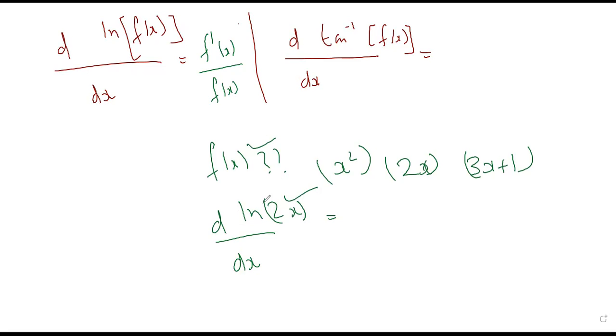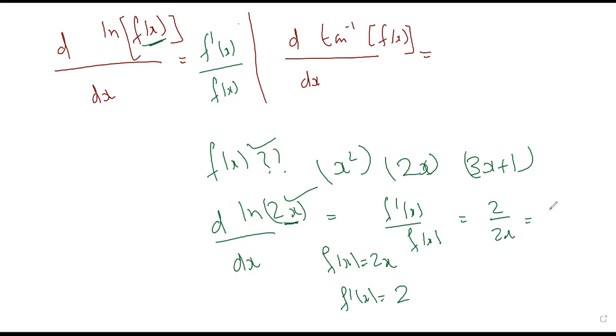This is ln, this is f of x. F of x in this case is 2x and f dash of x is 2. So the answer is going to be f dash x divided by f of x, 2 over 2x, that is 1 by x.